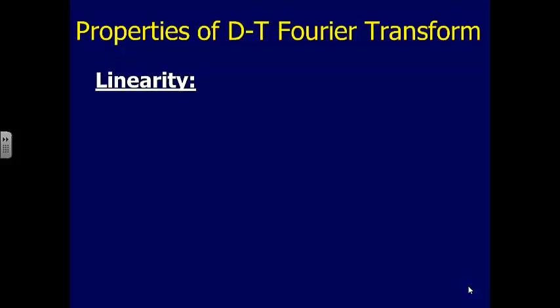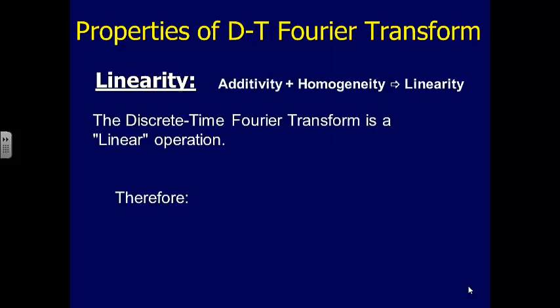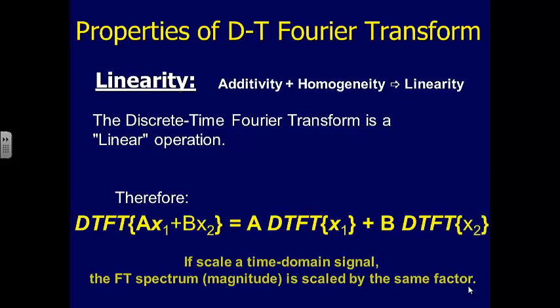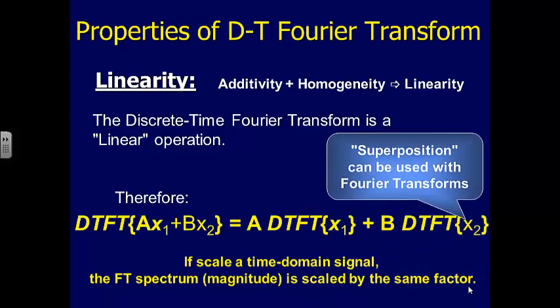All right, quickly, some other properties that carry over, just like the continuous time version. The discrete-time Fourier transform is a linear operation, therefore superposition holds. If I add two time functions and take their discrete-time Fourier transform, I add their transforms.